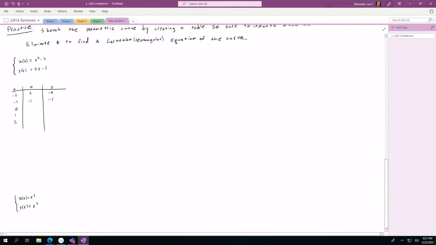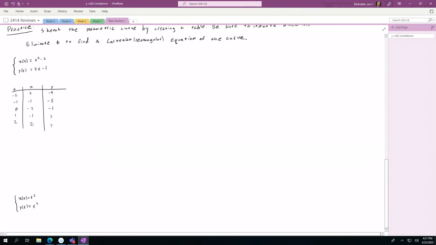And for y, that would be -1 times 4 is -4 minus 1 is -5. When t is 0, I'm at -1. I'm just going to finish off the y column, then 3, and then 7. Then for the x column, I'm at -2, then I'm at -1, and then 2 again.